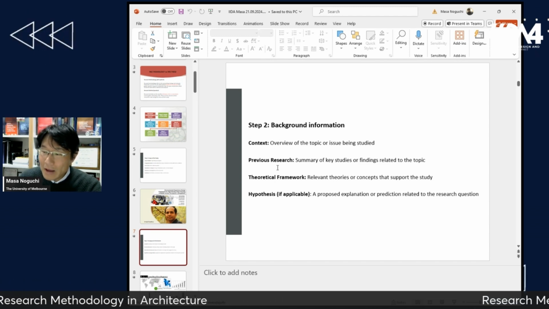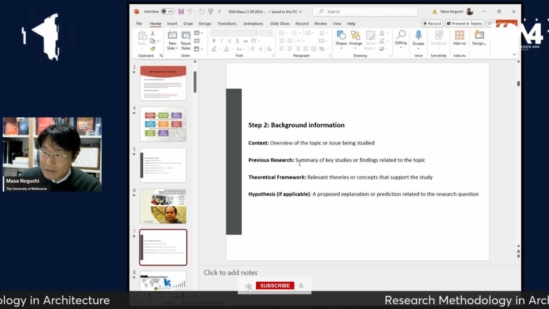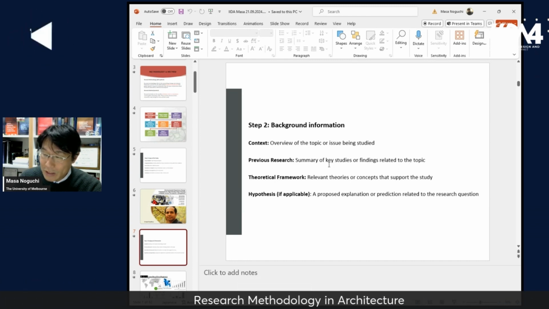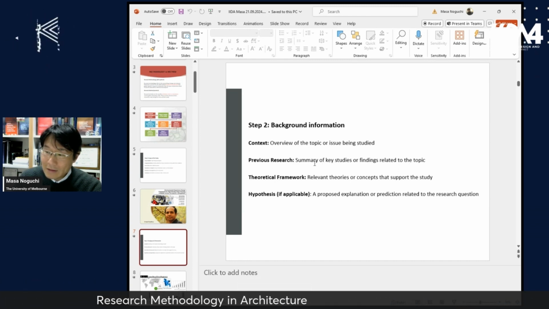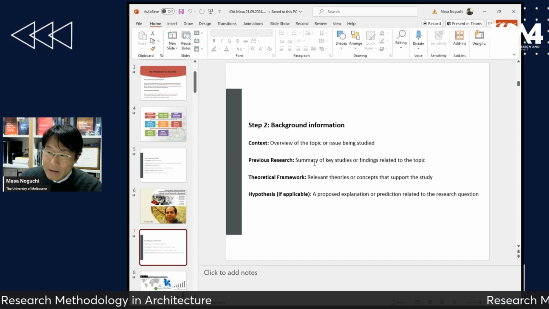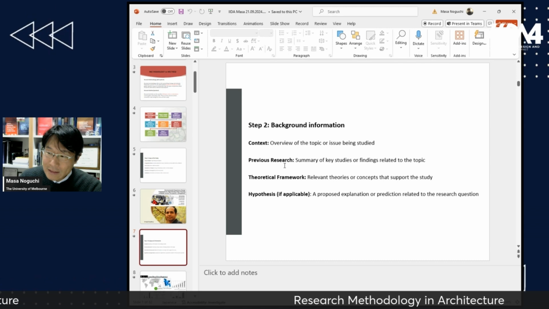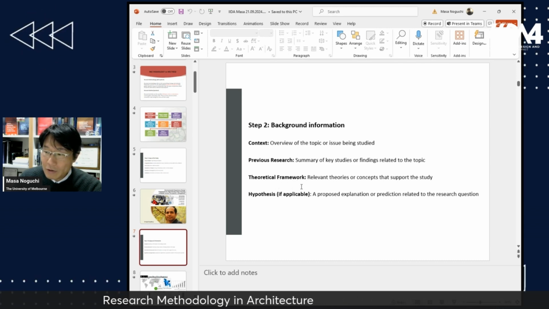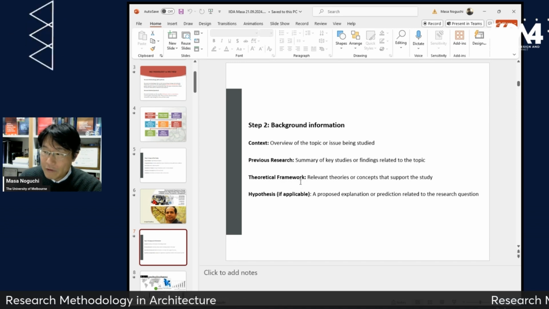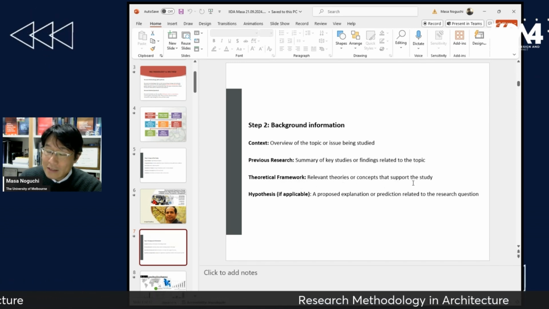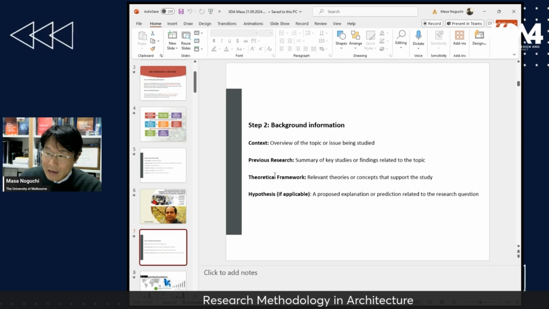So understanding previous study outcomes and findings is very important. Related to the topic, it is also important to explore relevant theoretical frameworks, the relevant theories and concepts that support the study and hypothesis.